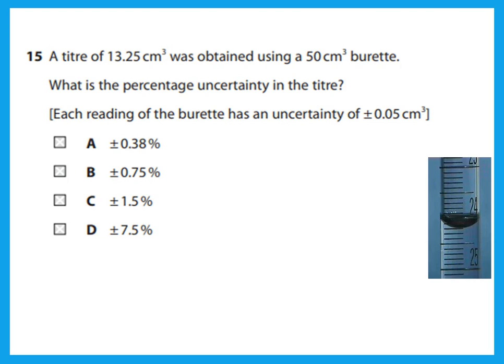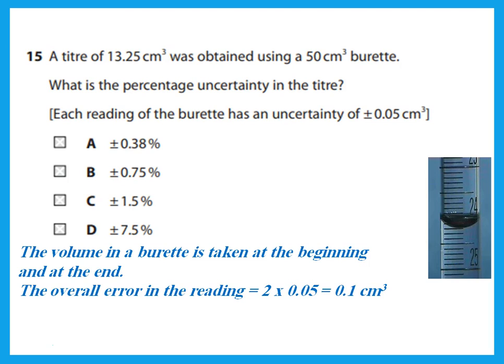This is the margin of error in each reading. I'm going to read it twice, so the error should be 2 times 0.05, which is 0.1. He's reading a volume of 13.25, so it is 0.1 over that volume times 100. Remember that the percentage uncertainty is plus or minus something, so that would be my answer.